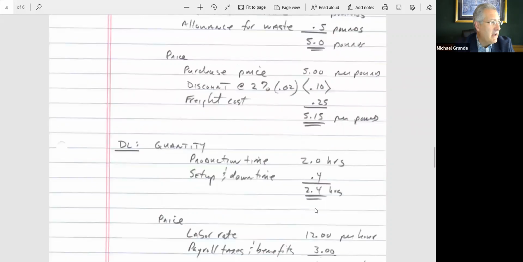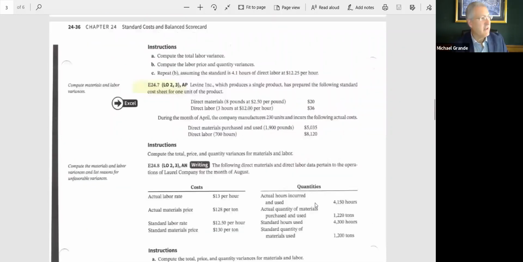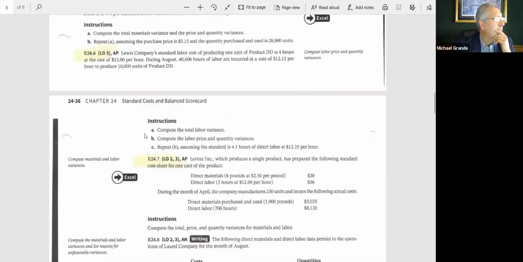Let's look at exercise number 6. Lewis Company's standard labor cost of producing 1 unit of product DD is 4 hours at the rate of $12 per hour. That's the standard information. The standard quantity is 4 hours.